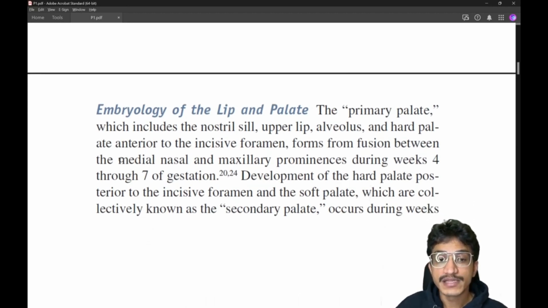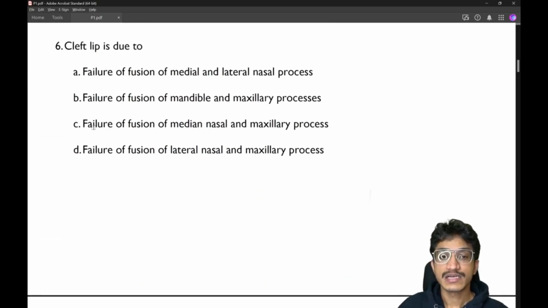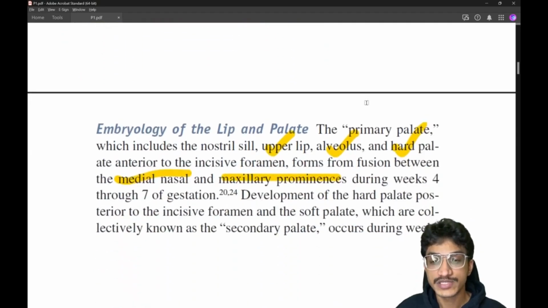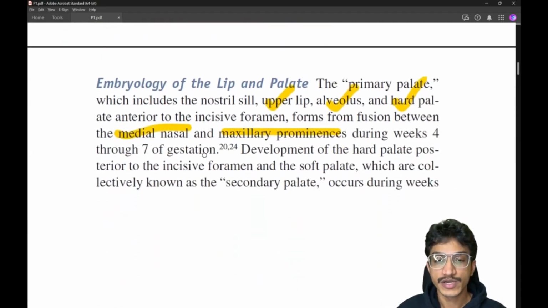It is formed by the medial nasal and the maxillary prominences. The primary palate, which includes the upper lip, alveolus, hard palate, forms from the fusion between the medial nasal and the maxillary prominences. So in this, according to me, the answer should be failure of fusion of the medial nasal and the maxillary process, according to this reference from Schwartz. Okay.